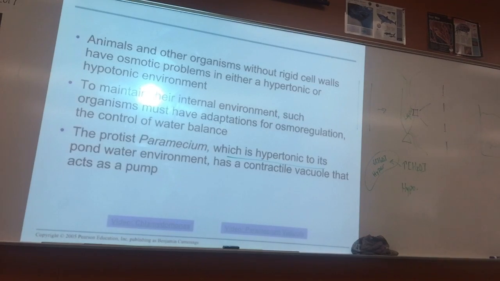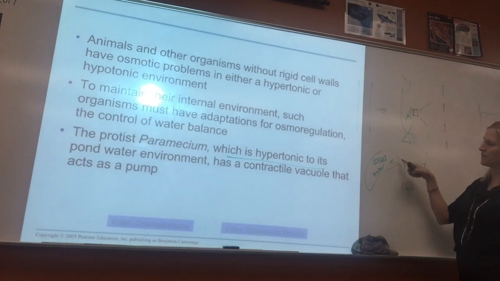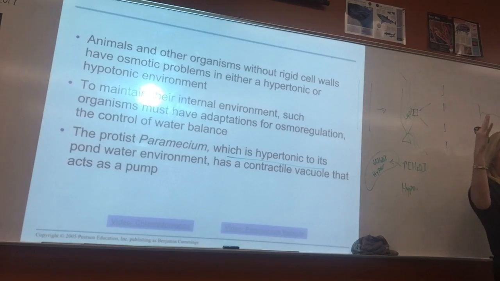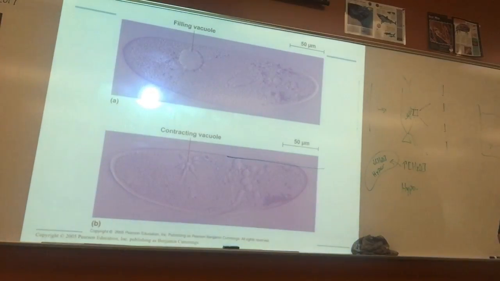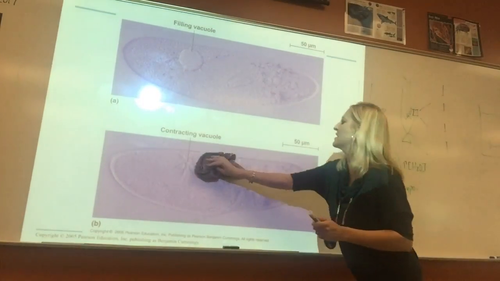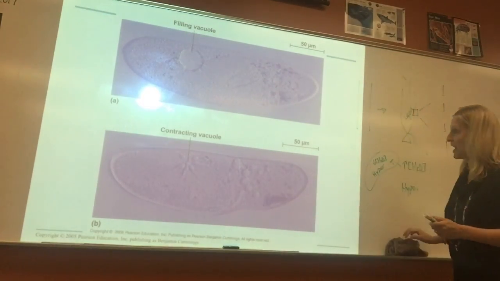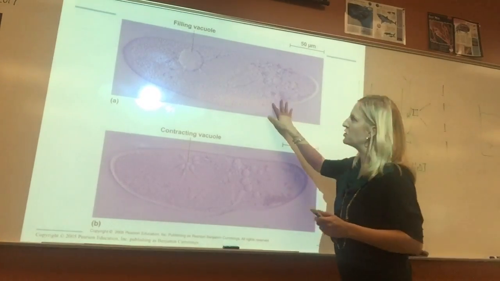Okay, and to combat it, because it does not have a cell wall like plants. Remember, the plants counteract the pressure of the water, and therefore plant cells don't explode. But these guys could, but they have the contractile vacuole that I've talked about before in the cell chapter. It was one of the vacuoles, and this is an actual real picture of a paramecium.